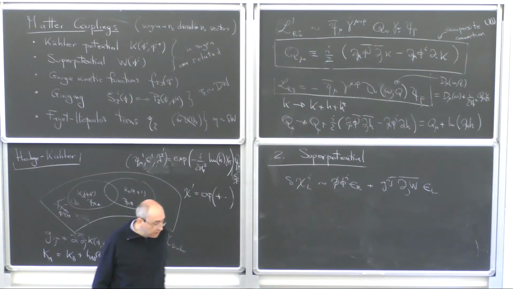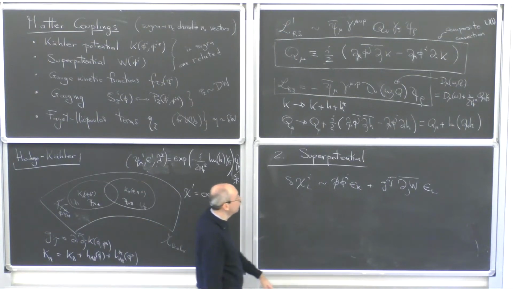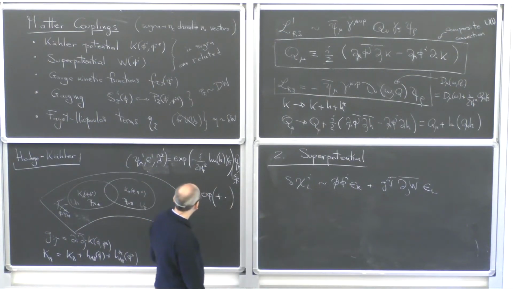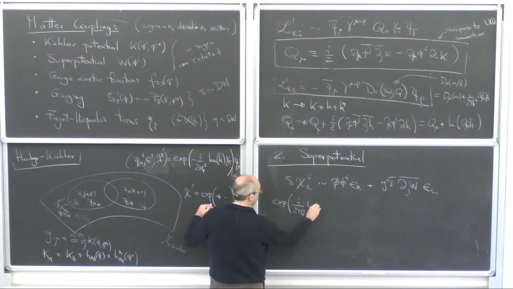And actually, it's a bit more complicated than just giving a transformation of the superpotential, because you see, chi transforms with the exponential of i over 2 M_Planck squared, the imaginary part of h. Okay?